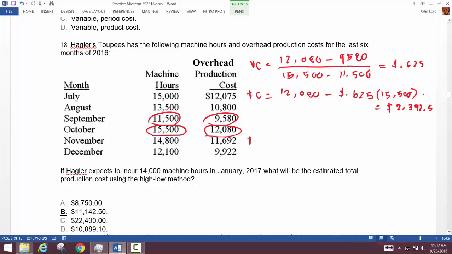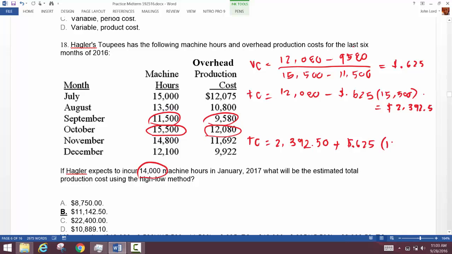And so now we can set up the equation for our total cost. Look at that. She's a champ. 2, 3. Sorry, my handwriting is really rough. No, that's great. Compared to me, that's great. 2,392.50, our fixed cost, plus what? Plus our variable cost times how many units?